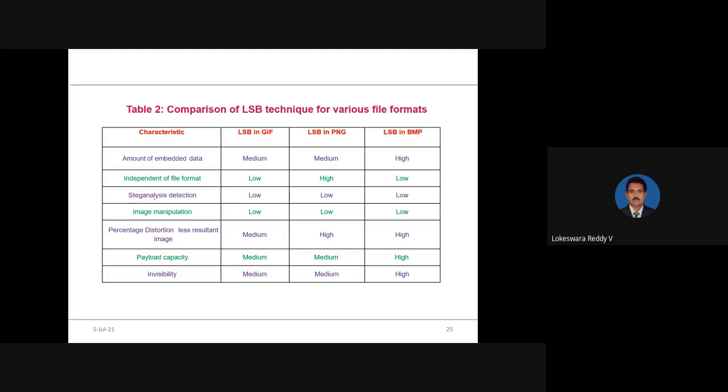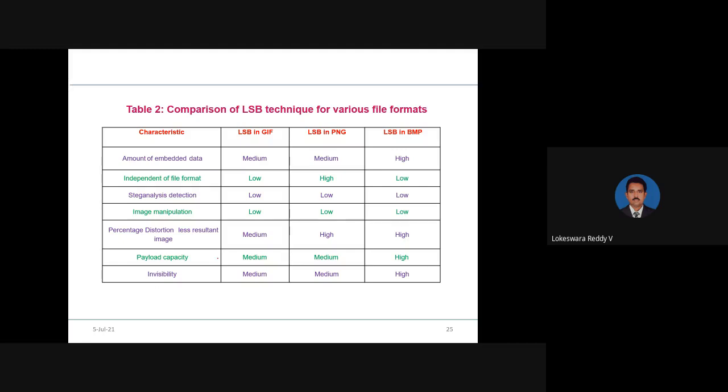For steganalysis detection, it is low, here also very low, so it is very difficult to identify whether the image contains secret data or not. Image manipulation is also low. Percentage distortion of the resultant image is medium in GIF, high in PNG, and high in BMP.